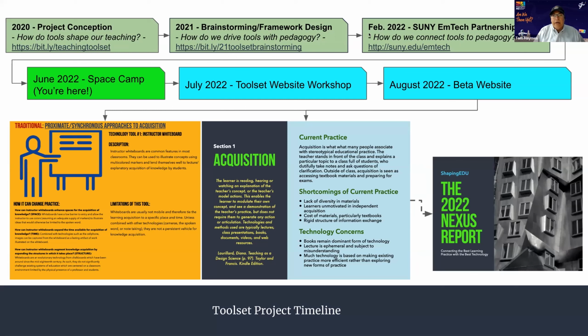And we introduced Diana Laurillard's six teaching modalities, or tools, or however she wants to refer to them. Ruben's going to go over those in a minute. And then looked at how we can find tools to execute acquisition, inquiry, practice, production, and so on and so forth. And then this year, we added yet another piece.